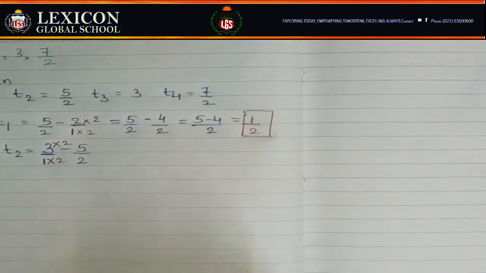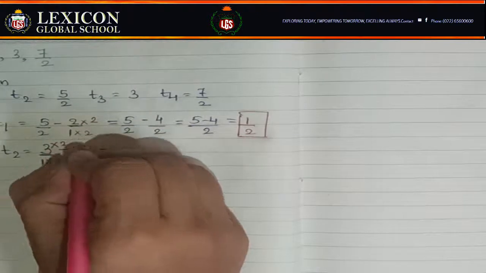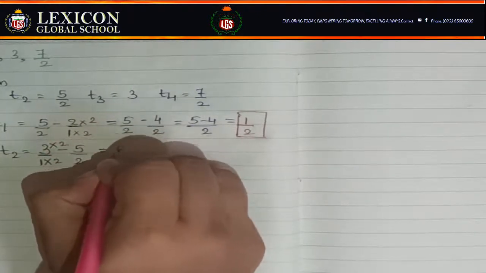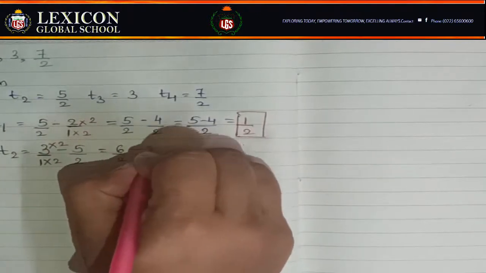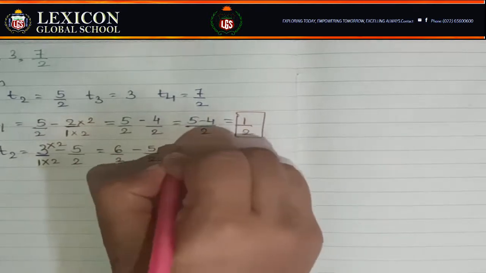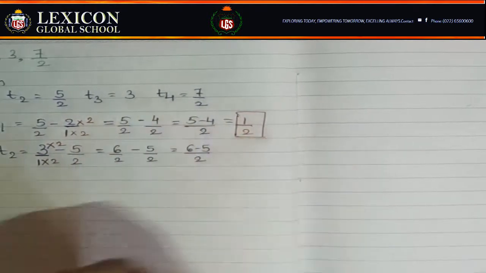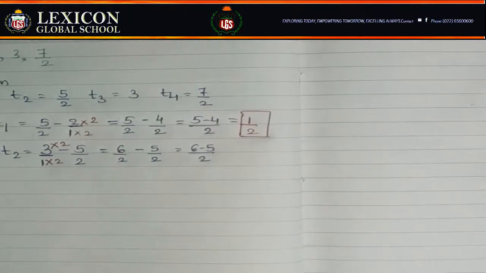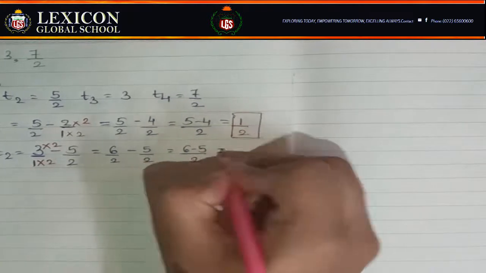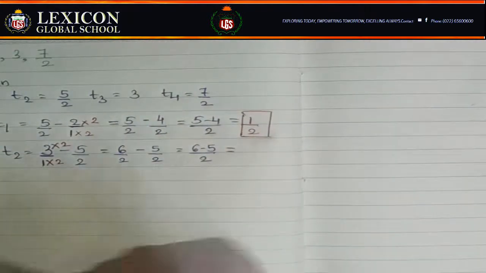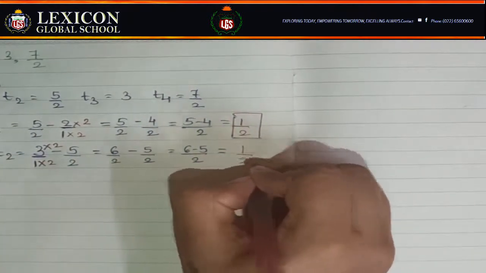Once you multiply, 3 2s are 6 upon 2 minus 5 upon 2. That further gives me 6 minus 5 upon common denominator 2. That equals 6 minus 5 is 1. That equals 1 upon 2.